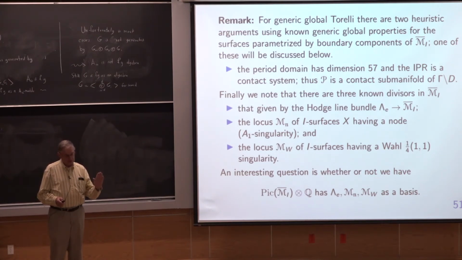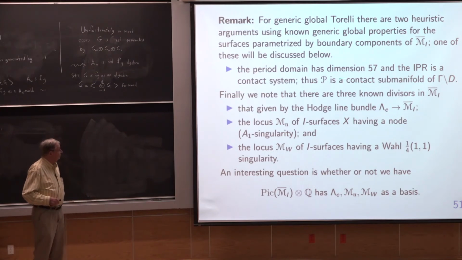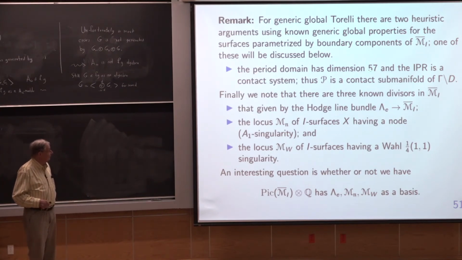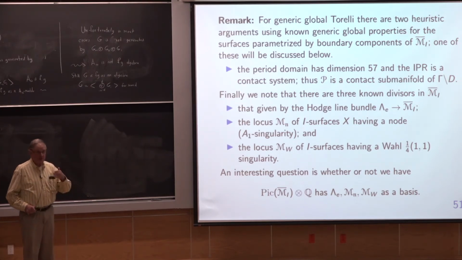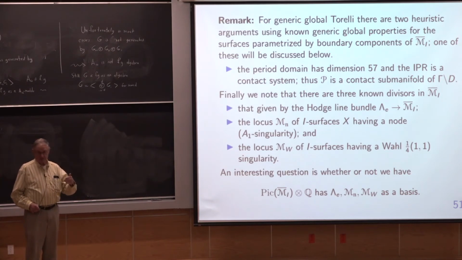What it says is that, except in the classical case, any family of varieties has Hodge structures that satisfy a non-trivial set of differential equations. For the I surface, it's a contact system, a 57-dimensional manifold with a contact structure, and this moduli space is basically a contact submanifold.